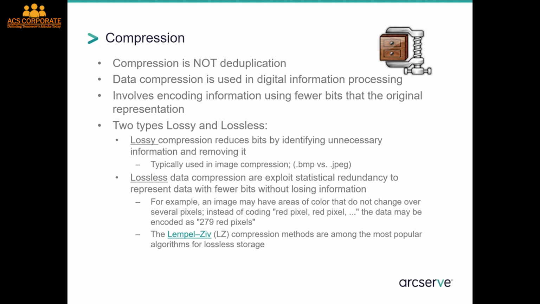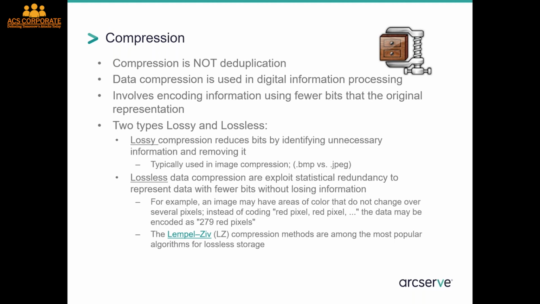Now, compression works on the basis that when it analyzes a file it's going to compress, it works out where the white spaces are, where there are big blocks of null data that it can reduce out of a file. It replaces these big white spaces with a smaller block, and it maps that big white space to the smaller block.